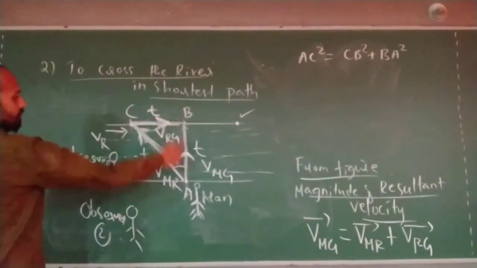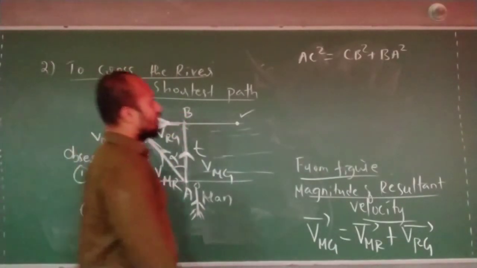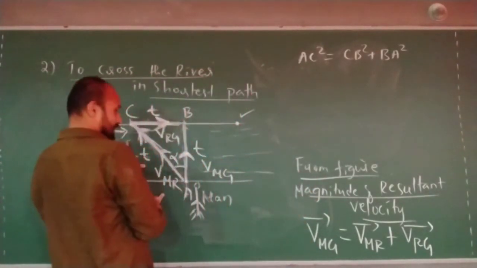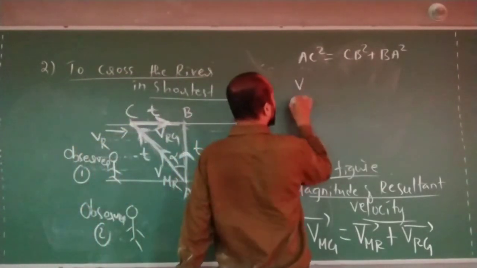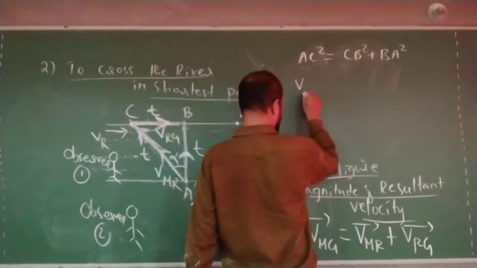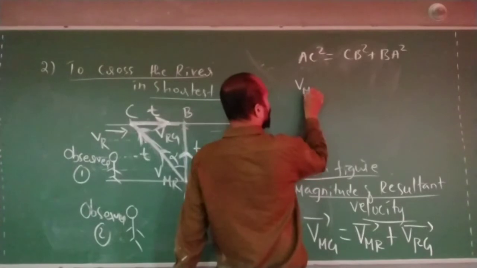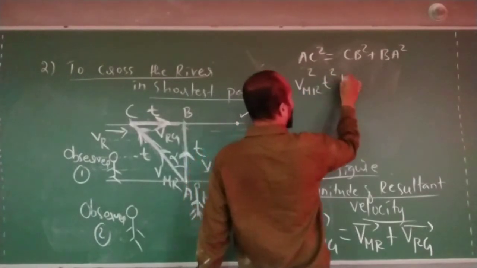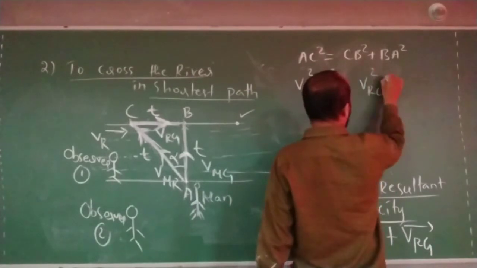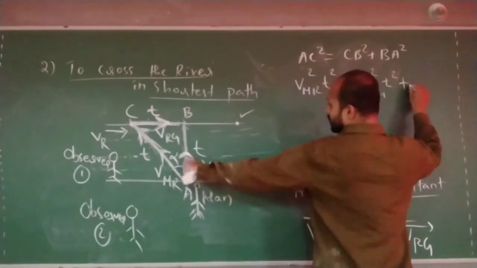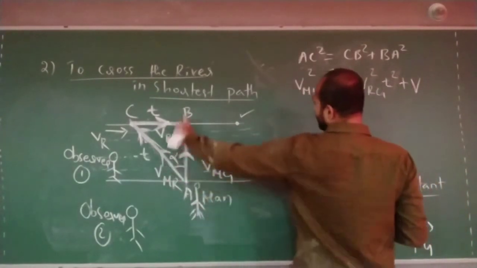Correct, no? This plus this. So, AC square can be written as, from the previous definition, Vmr square into T square is equal to Vrg square into T square plus the magnitude value, CB square.